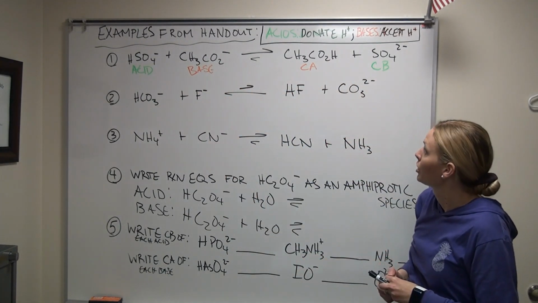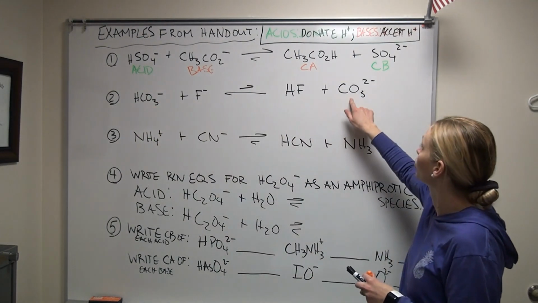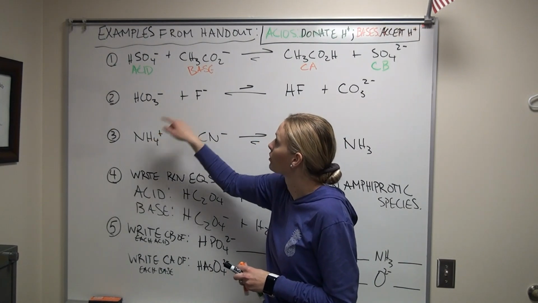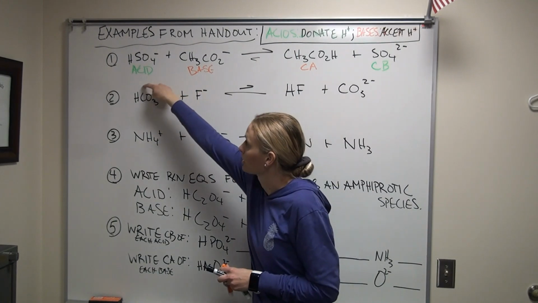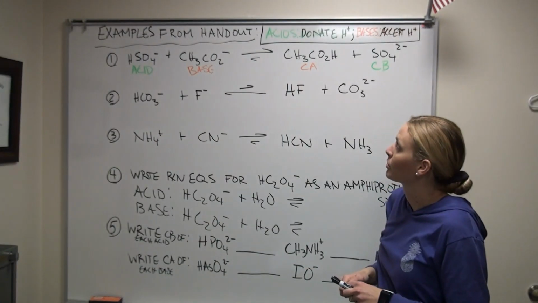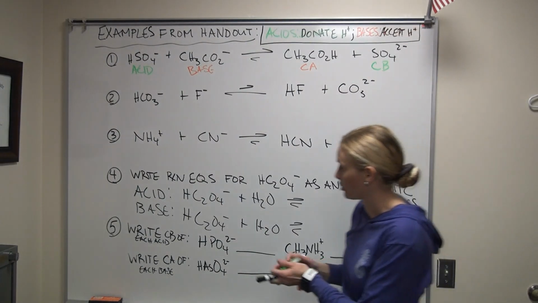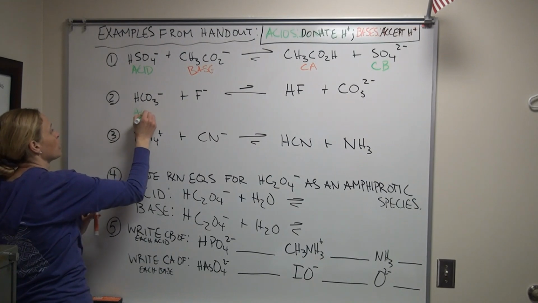All right, so the next one, HCO3-, we are losing a proton, so this is donating it to the other species, or likewise, the fluoride ion is actually taking that. So acids donate, right? It lost a proton, and that is the definition of an acid.